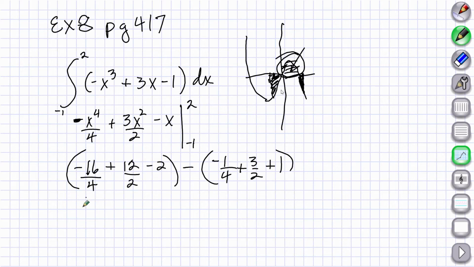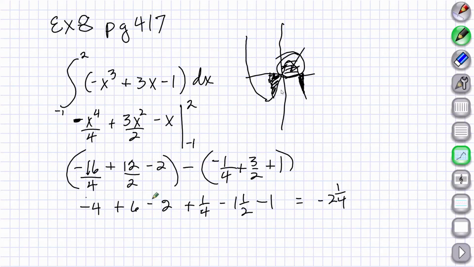So this is going to be negative 4 plus 6 minus 2 plus 1/4 minus 1.5 minus 1. Let's see if we get it correct. It should give us a negative 2 1/4 if we calculate. These will come out negative sometimes because this is below the axis. So let's see if it does.